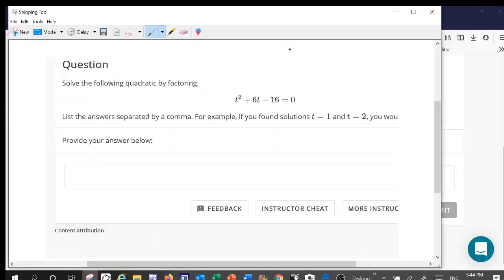Okay, so we get -16, so we need two numbers. You multiply, you get -16. You add, you get +6. So 1 and 16, 2 and 8, and 4 and 4. And that's it.